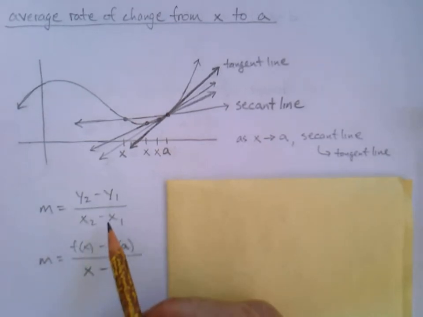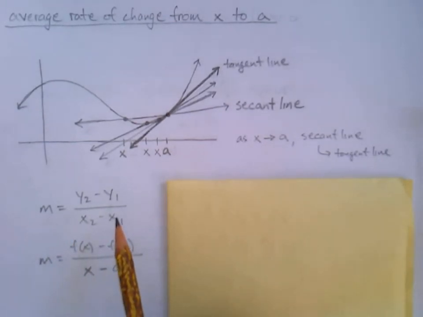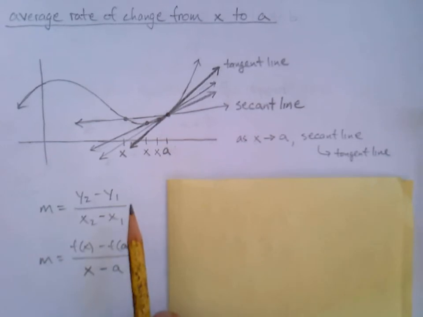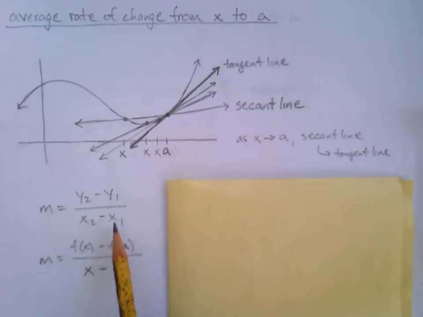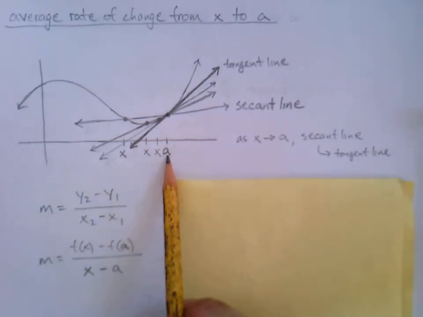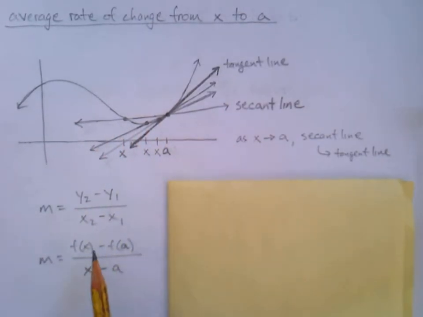All right, what do I have on the side here? This is the formula for slope. Way back when we first started algebra, we learned this sort of thing: y2 minus y1 over x2 minus x1. Think about the 2 points on the secant line. We had x and we had a. We've got the difference of the y values of those points divided by the difference of the x values.